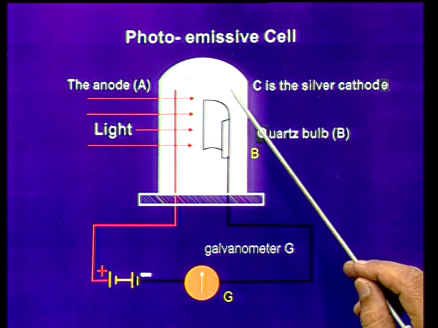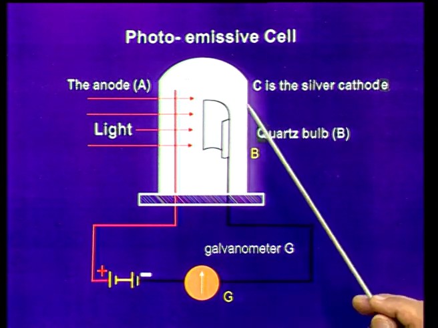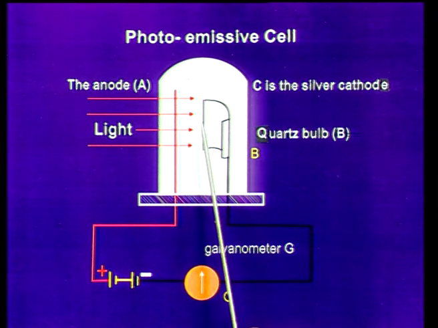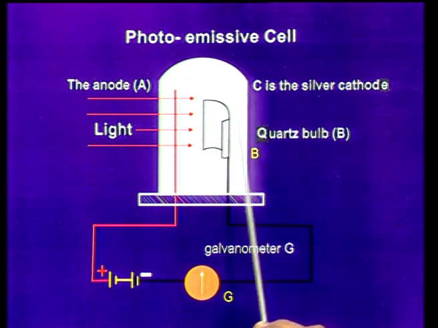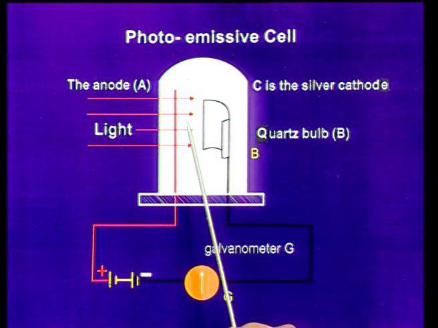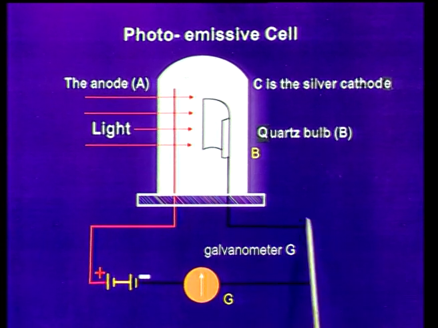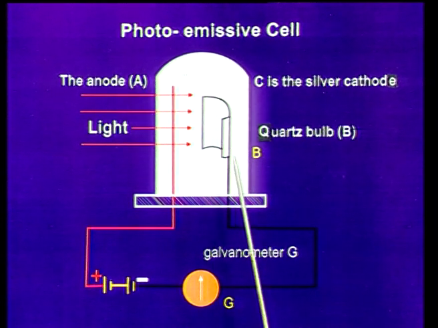Among the earlier applications of these photo cells, this is called a photoemissive cell. A photoemissive cell is one in which the light falls on a suitable photocathode, which is a silver cathode, and this is an anode. They are connected with the help of this battery to a galvanometer, and the circuit is complete when it is connected like this.